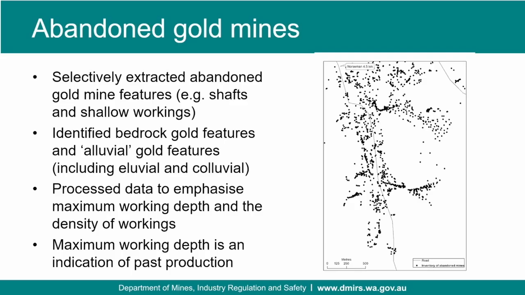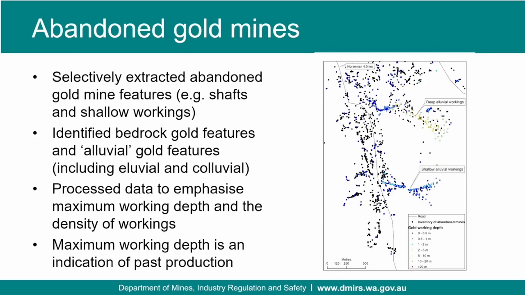So in this example, which is about 5 k's south of Ormsby, initially I show all of the abandoned mine features that we mapped. We then overlay that with the alluvial gold workings, which are shown in colour, coloured up according to depth. And what we did with all this data is we processed it in a very similar way to what we did with the drill holes.